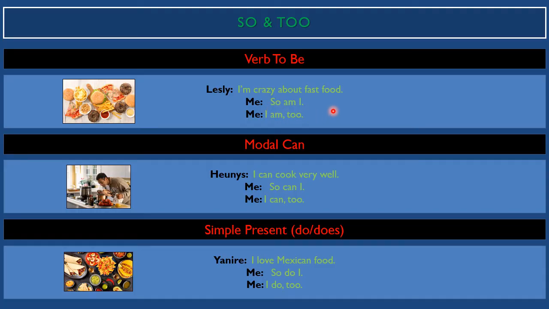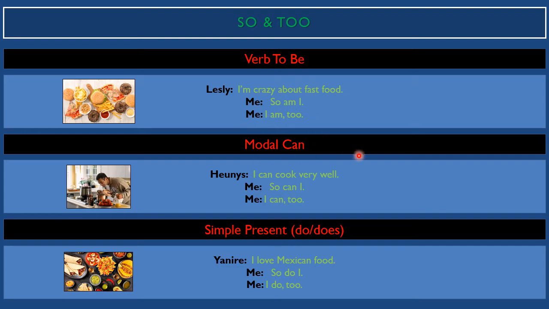She's crazy about fast food, and I am crazy about fast food too. That's why here I use the verb be to agree because the first one is using the verb to be. So am I, I am too. We use so at the beginning and too at the end, but the meaning of those two sentences is the same.